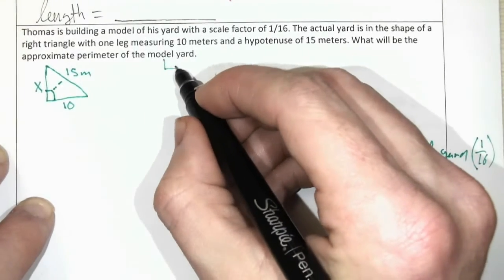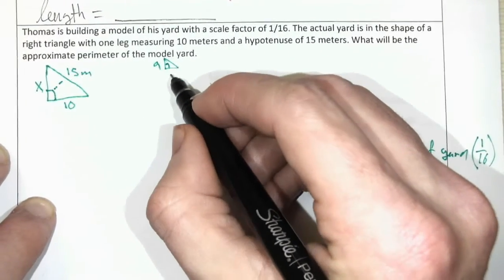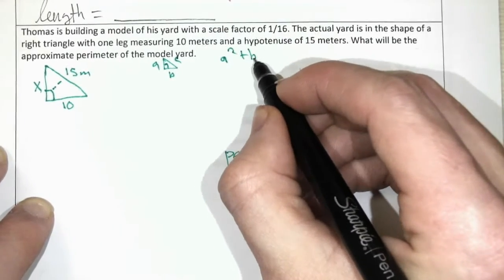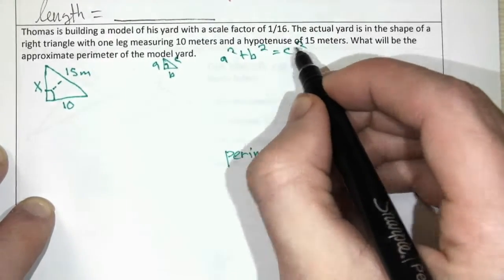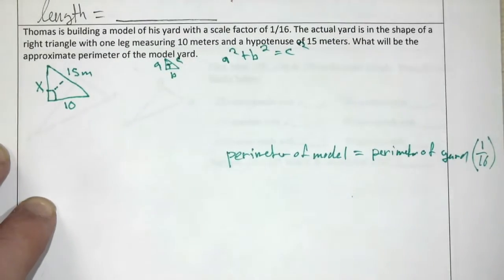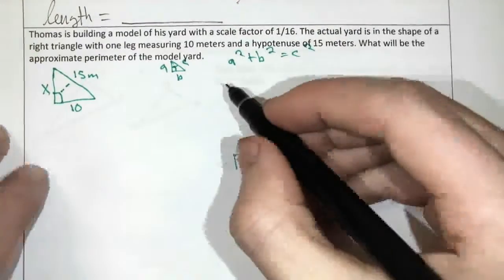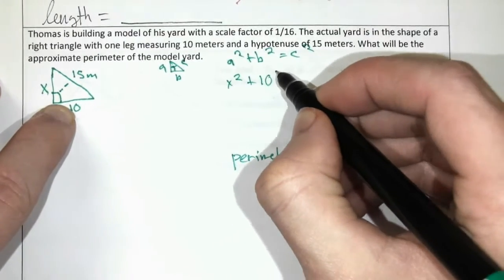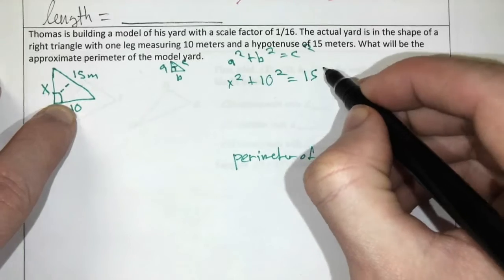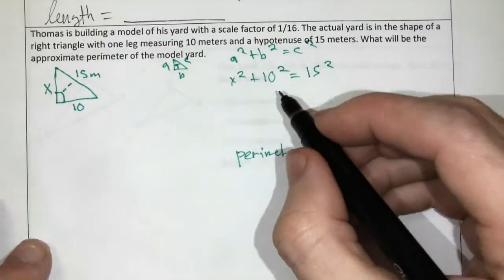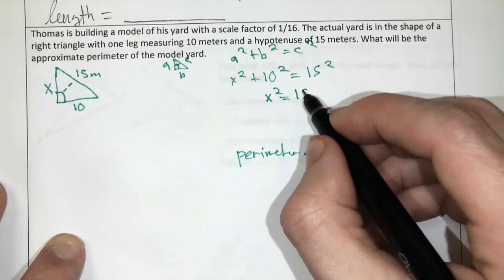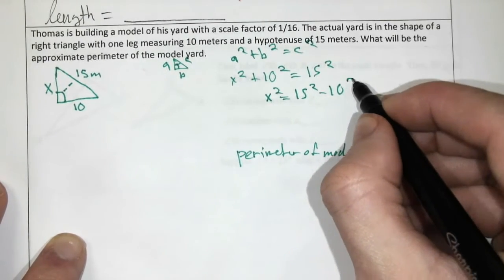which is, I have a right triangle, A, B, C. If that's the case, then A squared plus B squared equals C squared. C is opposite the right angle. So then I do X squared plus 10 squared equals 15 squared. So then I have X squared is equal to 15 squared minus 10 squared.